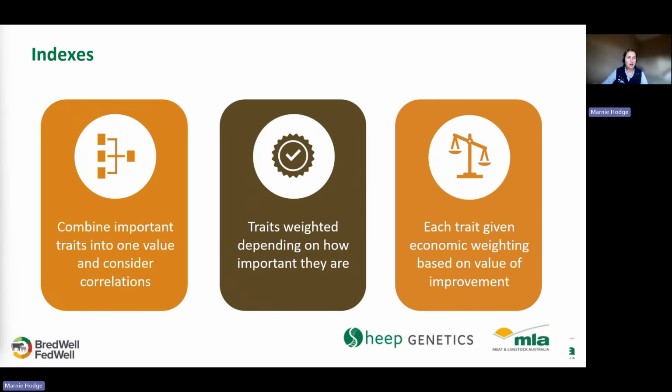Another thing that we report as part of our genetic evaluations is indexes. Indexes are a nice handy tool to help you refine your selection decisions because they combine lots of individual traits into one particular value. They also consider genetic correlations between those traits, and they weight those traits at a given economic weighting based on how important they are to a particular production system.